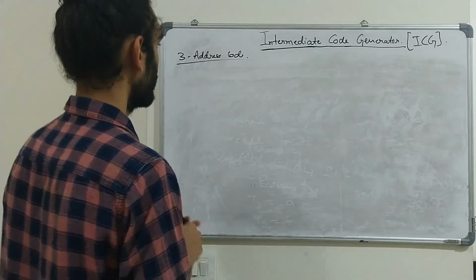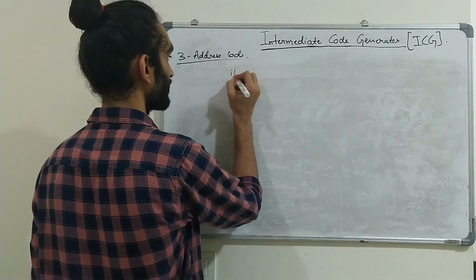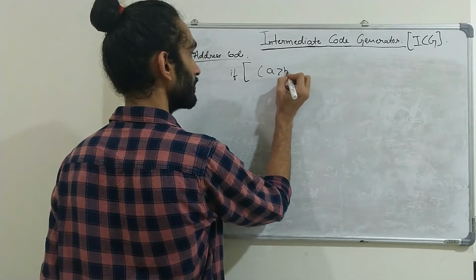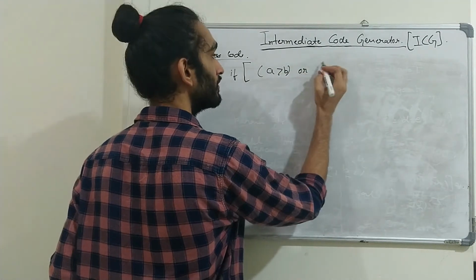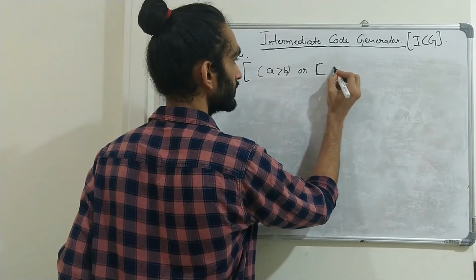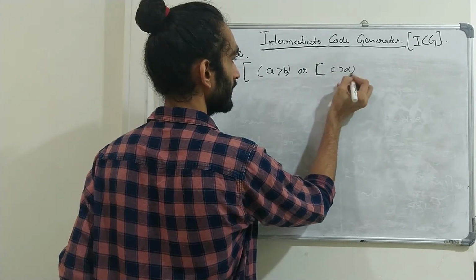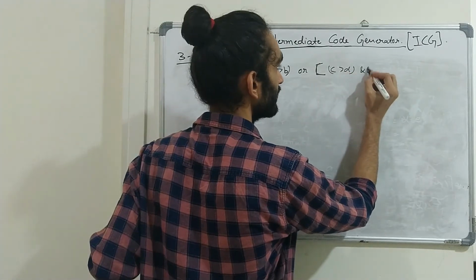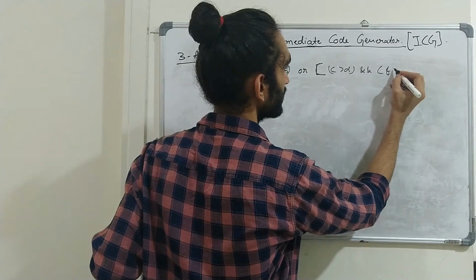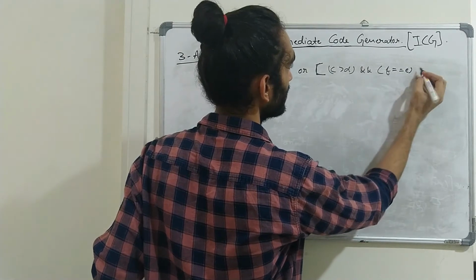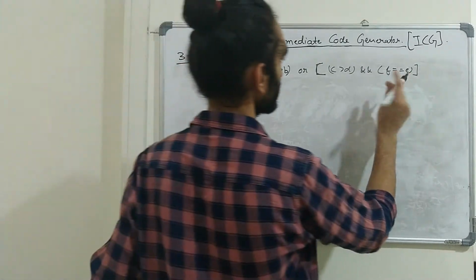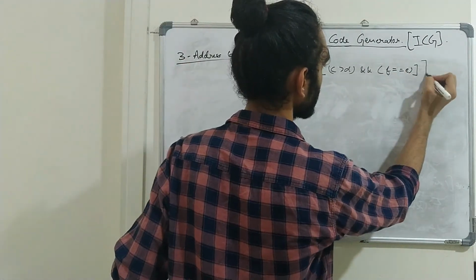Now, if your expression is like this: if A is greater than B, or C is greater than D, and F is equals to E. This closes here, this closes here, this closes here.